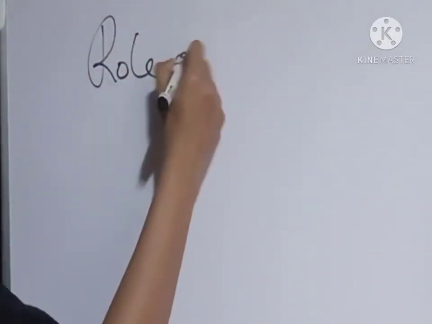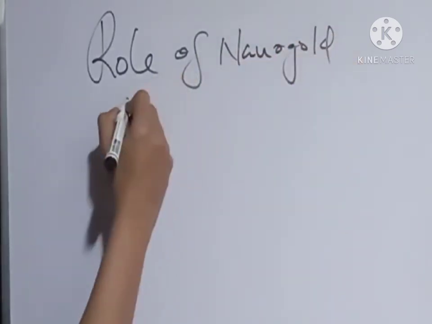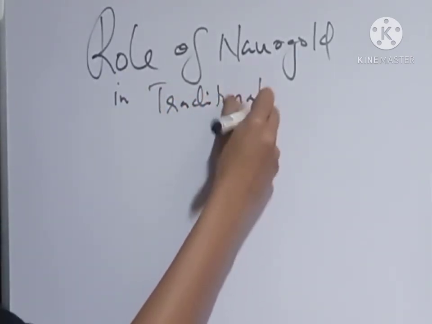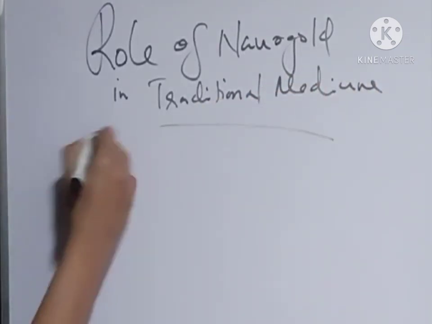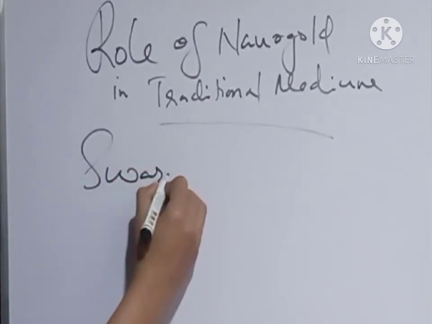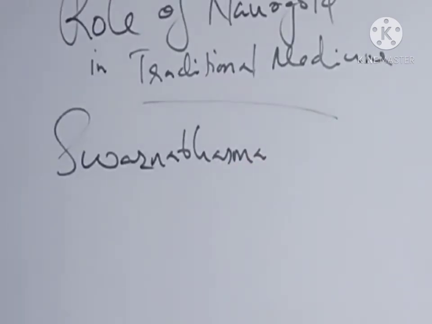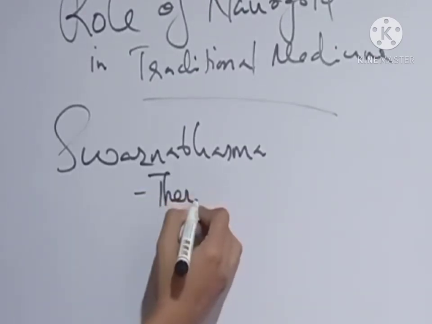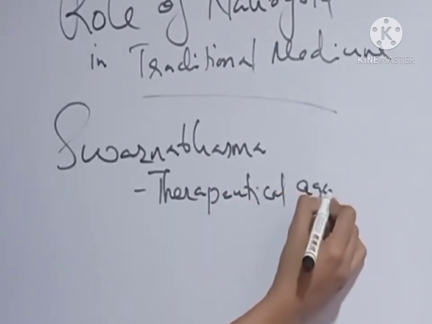Then the next one, the role of nano gold in traditional medicine. Swarna Bhasma is used by our traditional people as a therapeutic agent.